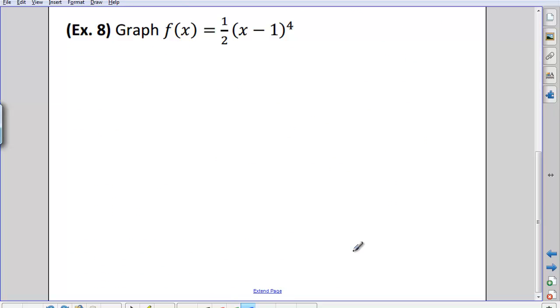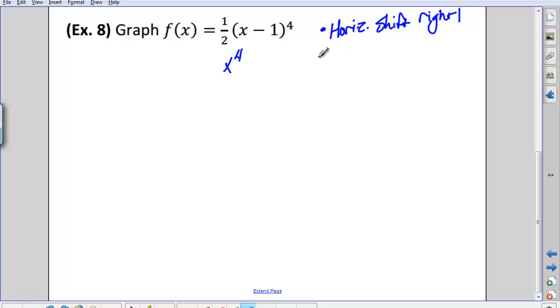Okay, 1/2 times x minus 1 to the 4th. Again, what's our base function we're working with? That would be x to the 4th, right? And what have we done to it? We've got an x minus 1, and so that would be a horizontal shift. That's going to go up. I'm sorry, not up. To the right 1.